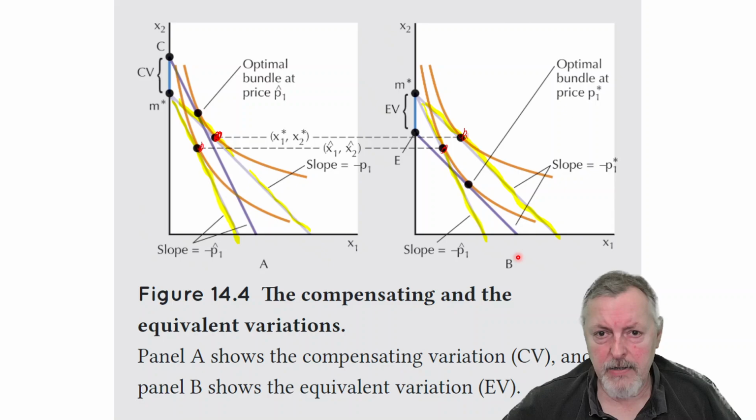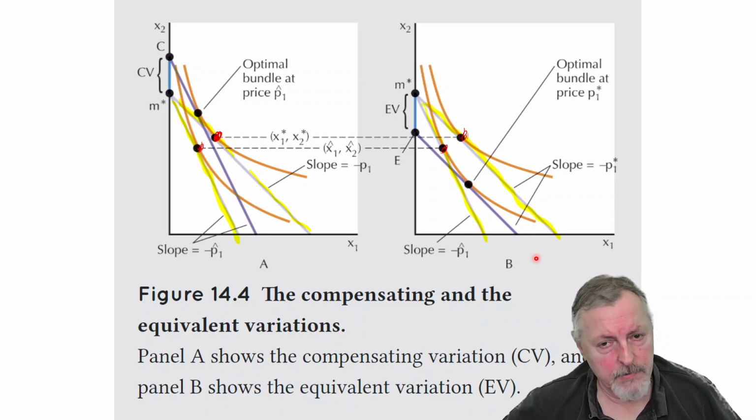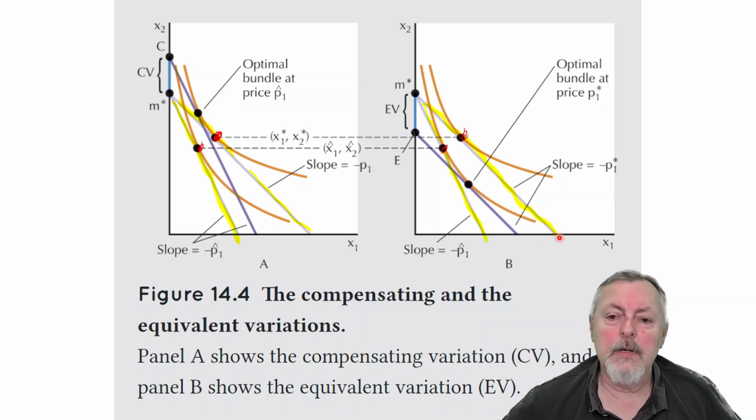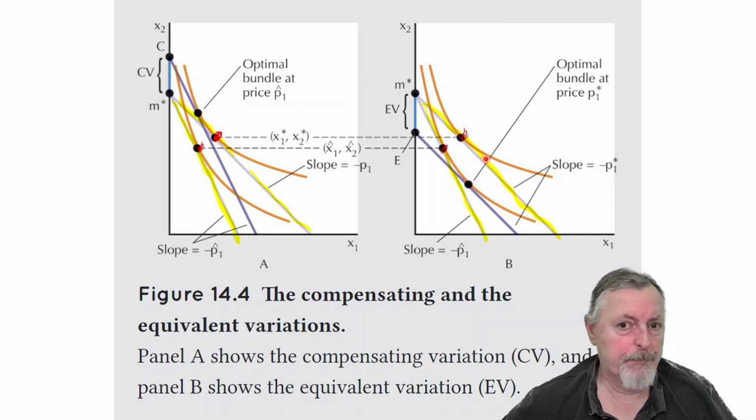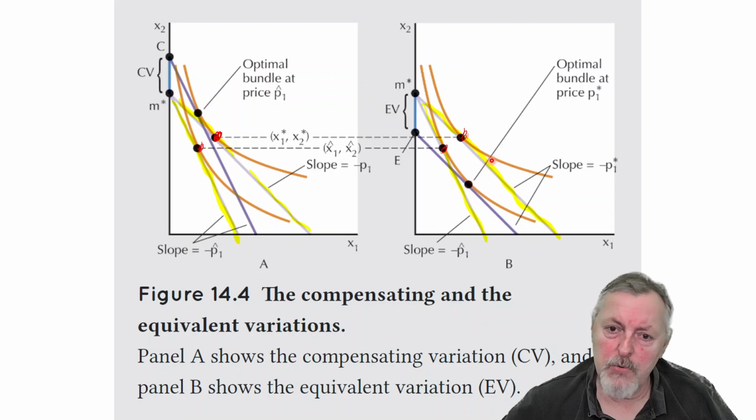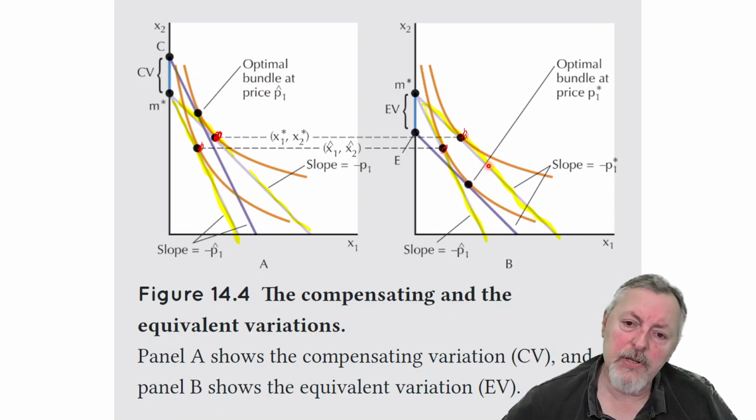Here on the right, the equivalent variation is you avoid the new prices. You tell the person, by paying a certain amount, you can keep the old prices. You can keep this slope. Well, how much would they have to pay? If you move the budget line to here, they would be exact.